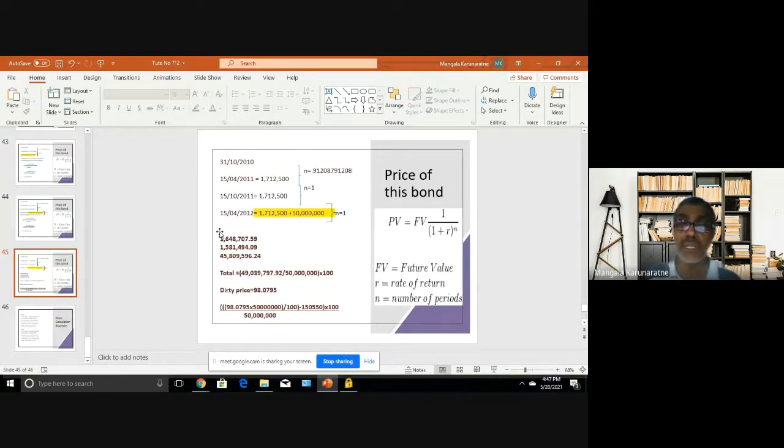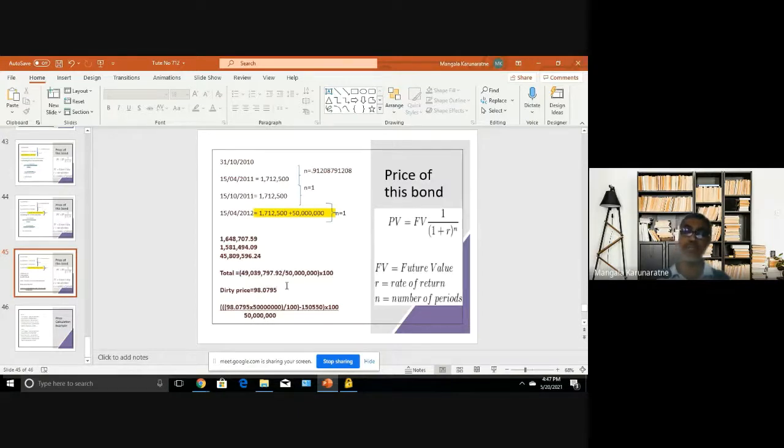We got the present value of all these future cash flows and we add them and we got the total of the present values. This is called net present value, right? 49,39,797.92, and we divided it by 50 million, and multiply by 100 because we want to know the price of 100 units of this bond.